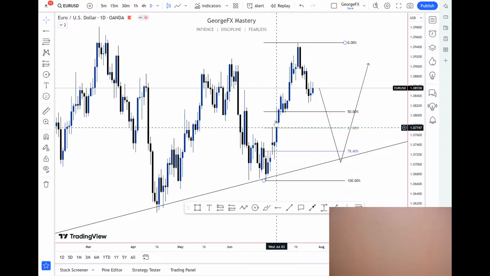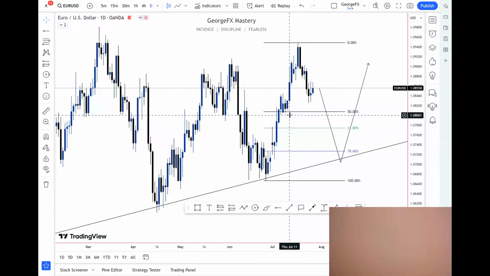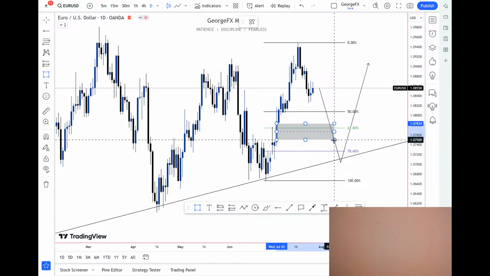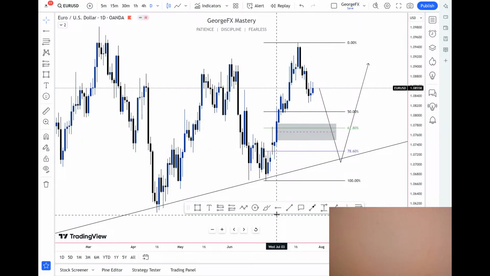In between the 50% and 61%, you'll notice that you have a very nice order block here that the market might have to respect. First of all, you'll notice that there is a fair value gap here in the market. You see here, it's a very small fair value gap, but it's a very nice fair value gap. At the end of this fair value gap, you can see there is an order block right here.